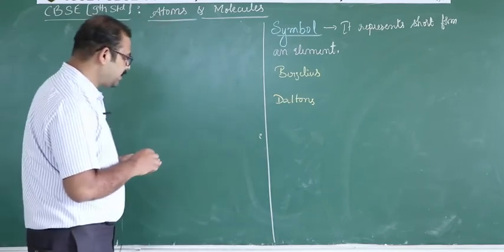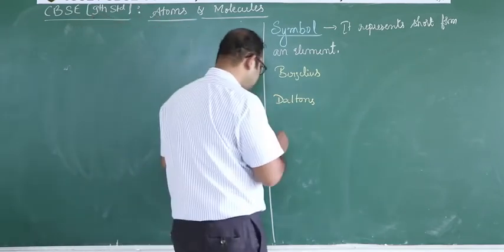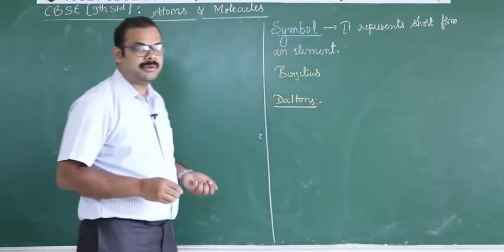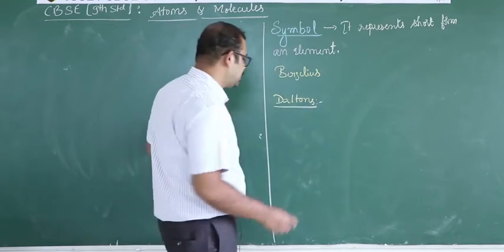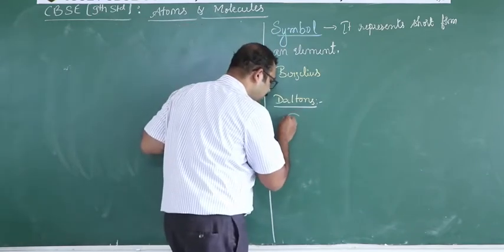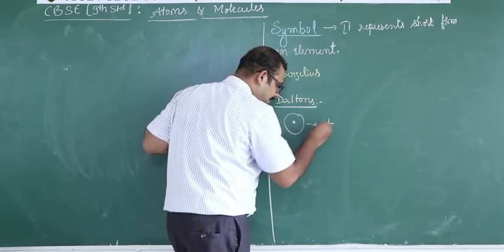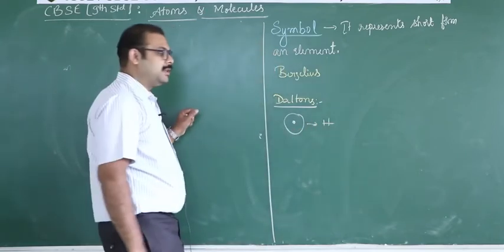According to Dalton, atoms can be represented by using some figures. For example, this is hydrogen, so hydrogen we represent like this.